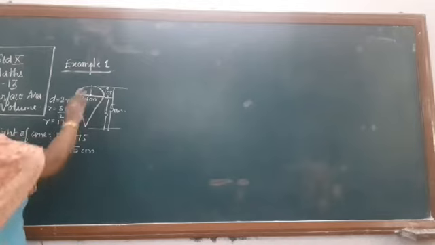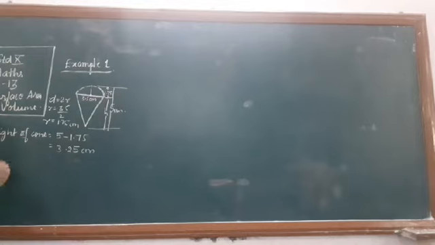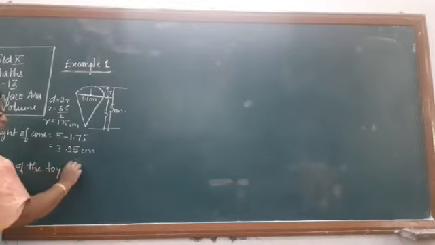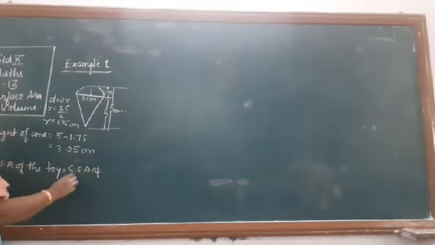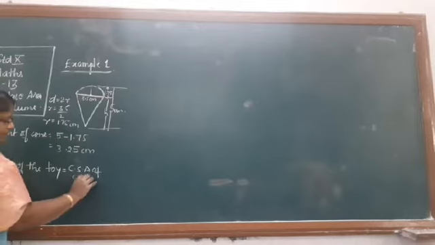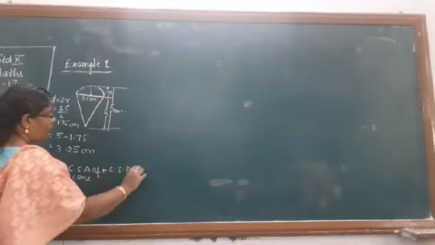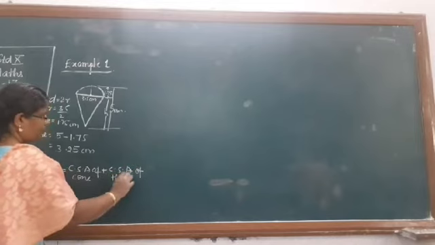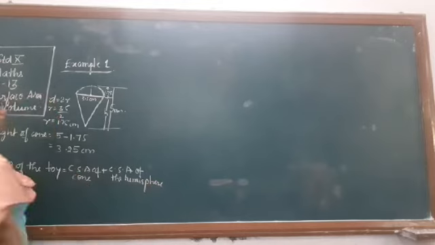Our aim is to find the total surface area of the toy, which includes the curved surface area of the cone plus the curved surface area of the hemisphere. Did I write the formula correctly?